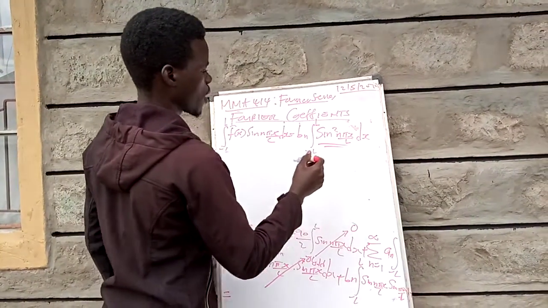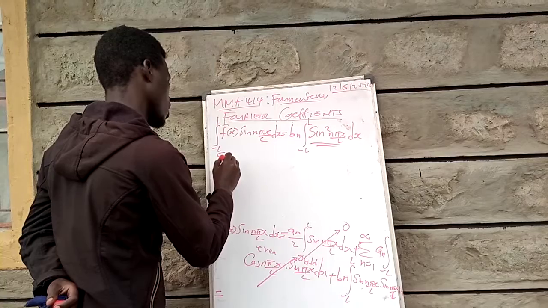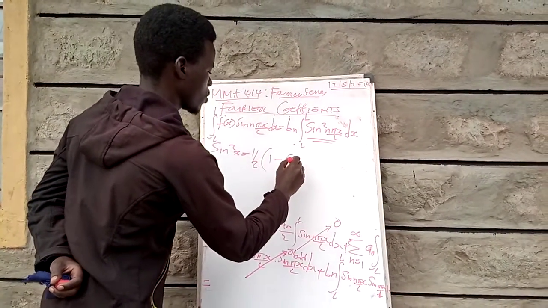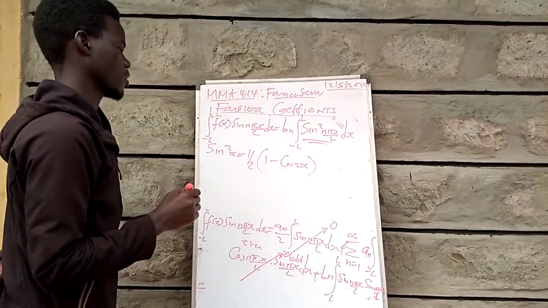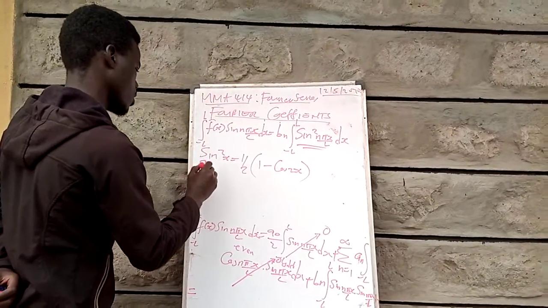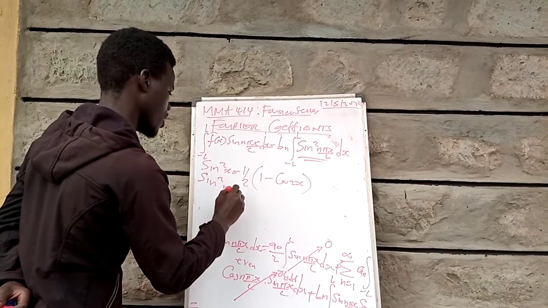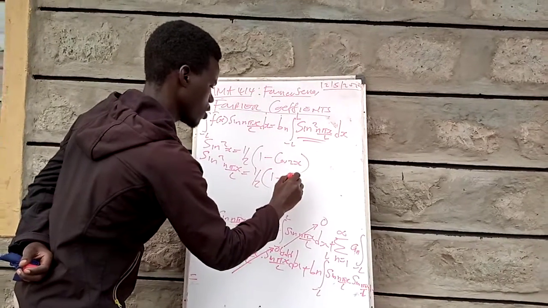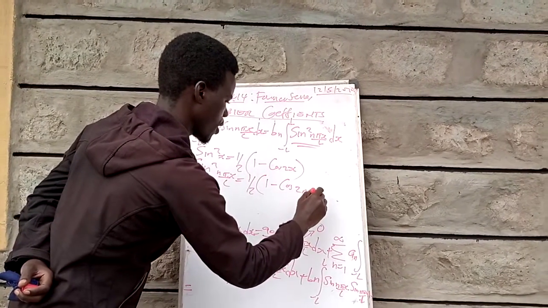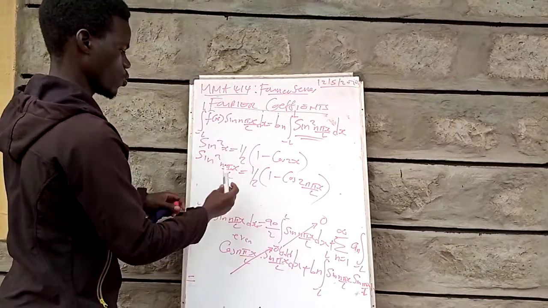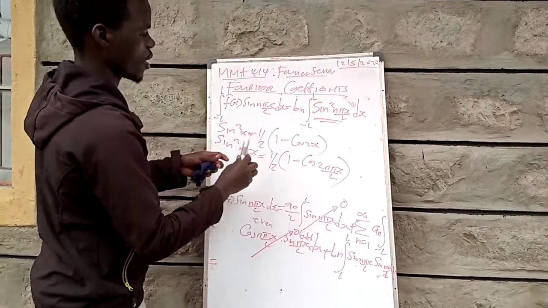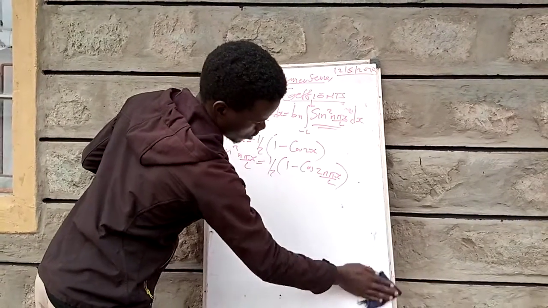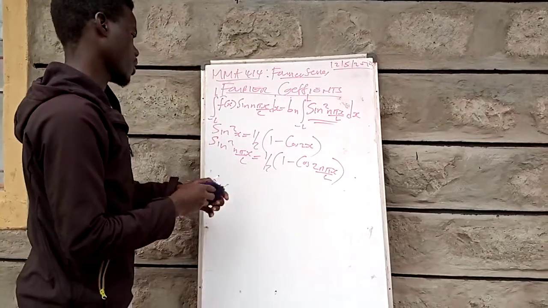From the calculus identity, you recall sin squared of x equals a half into 1 minus cos 2x. And in our case, sin squared n pi x over L will be equal to a half into 1 minus cos 2 n pi x over L. So this one is easier for us to integrate.